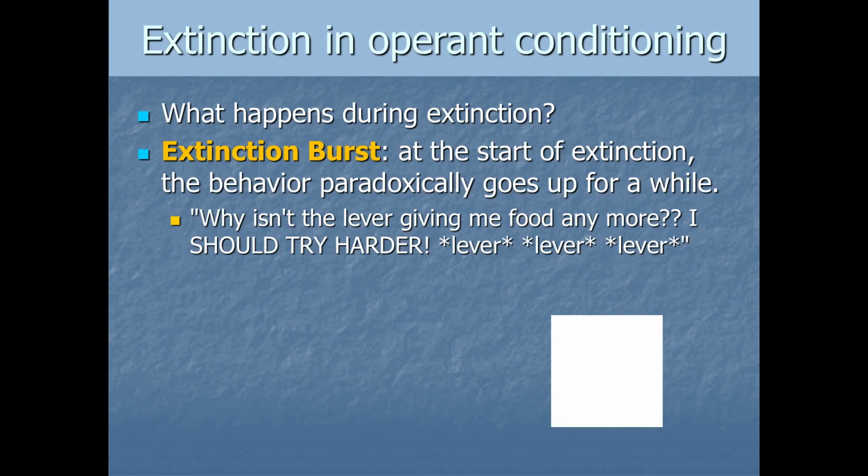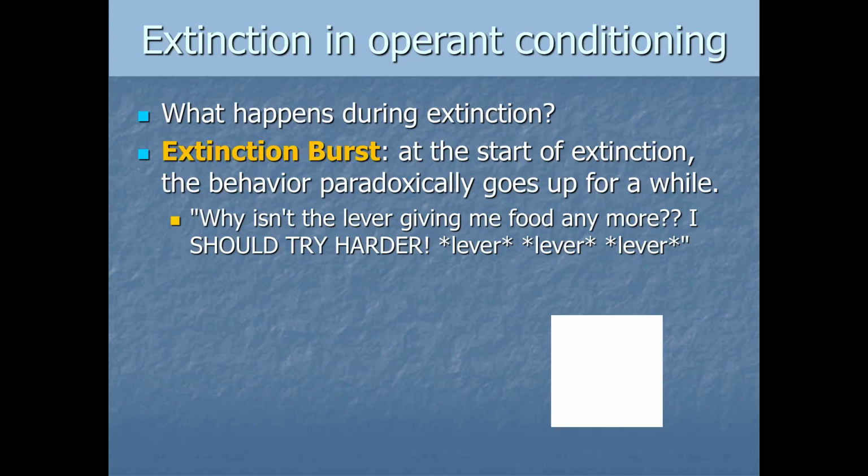For the purposes of understanding and predicting behavior, we don't really need to get inside anyone's head or assume animals are having linguistic thoughts or anything. But as a casual shorthand, you might just think of this as like the rat or the kid or whatever is thinking, why isn't the lever giving me food anymore? I should try this harder. Lever, lever, lever, lever, right? But pretty soon it's going to be clear the behavior has stopped working.